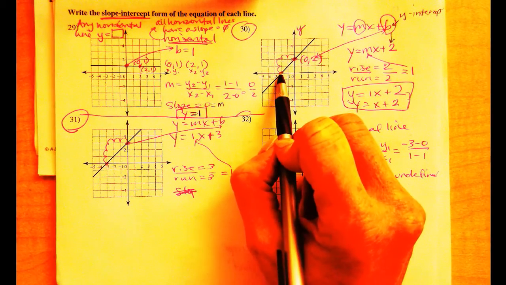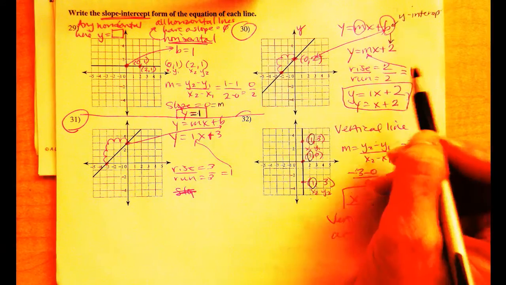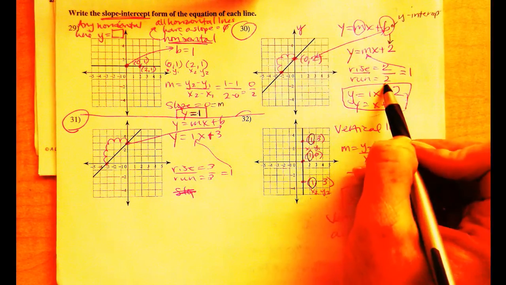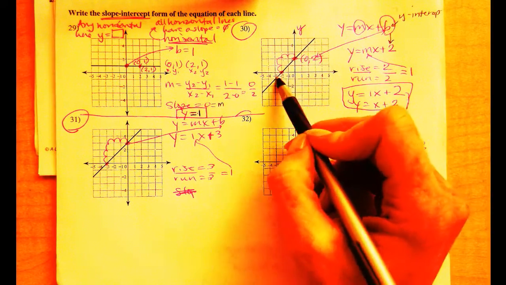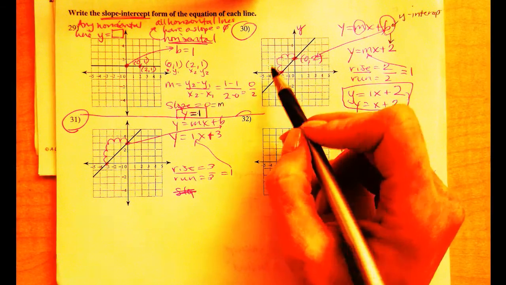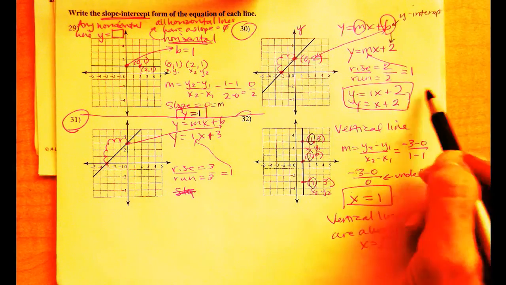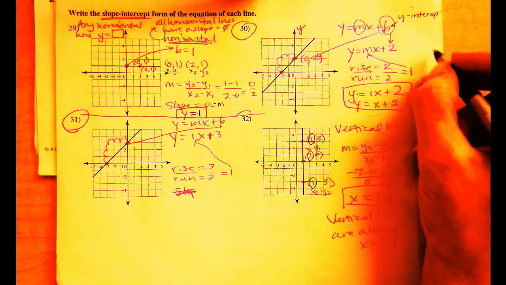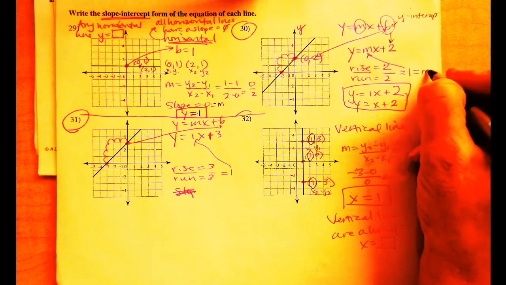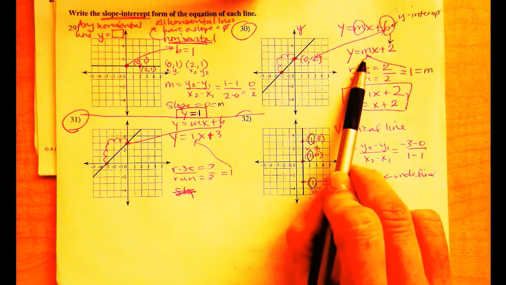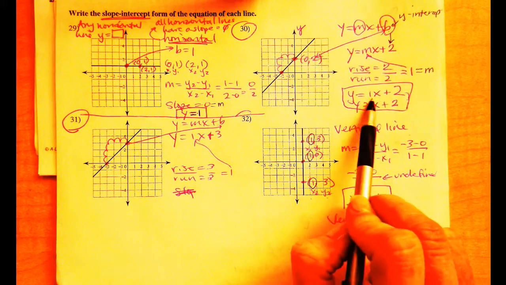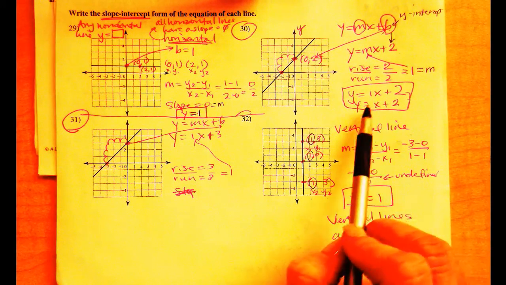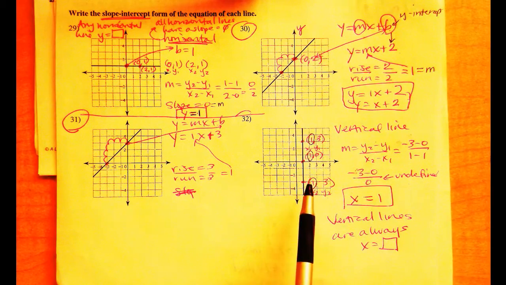We found, well, we would rise 2 and we would run 2. Okay, both of those numbers were positive because we happen to be going up and we were going to the right. And so we found 2 over 2, a slope of 1. So our m value was 1, and we put that in for m. So we got y equals 1x plus 2, or simply y equals x plus 2. We know that 1 we don't have to show.